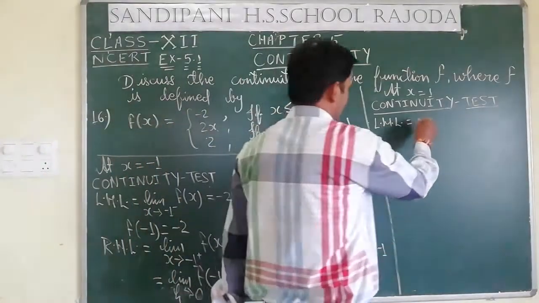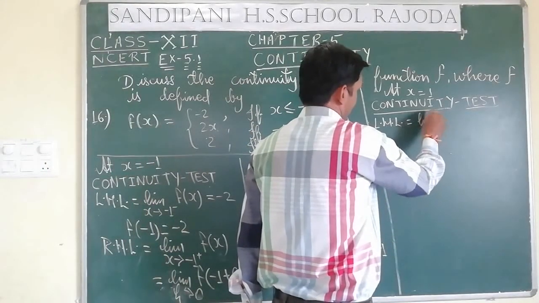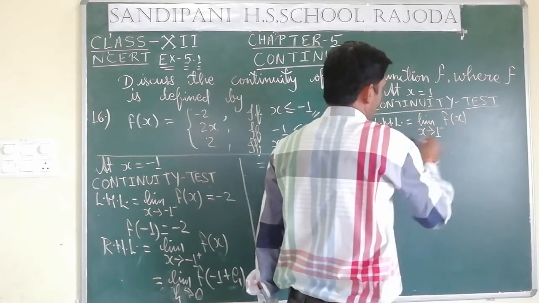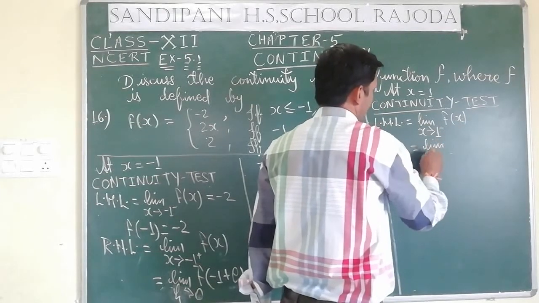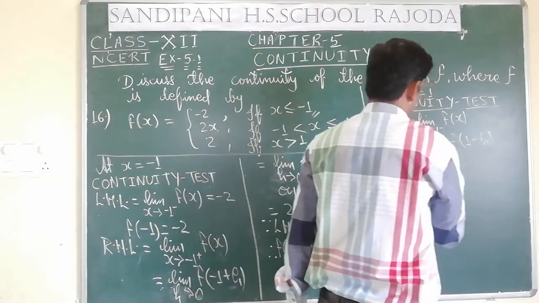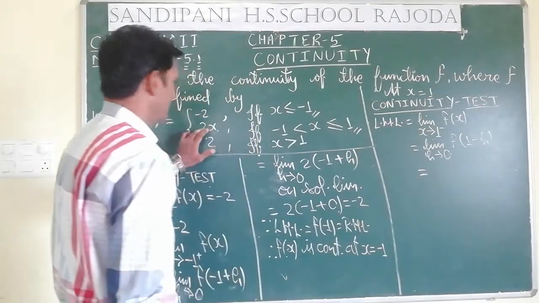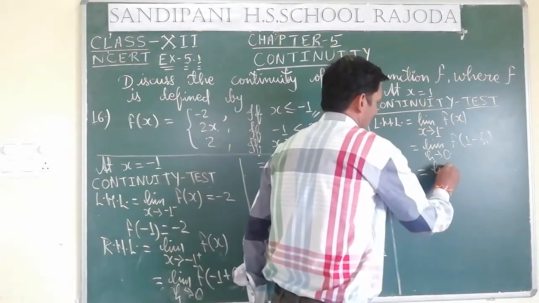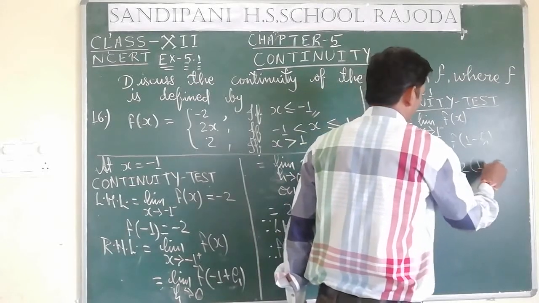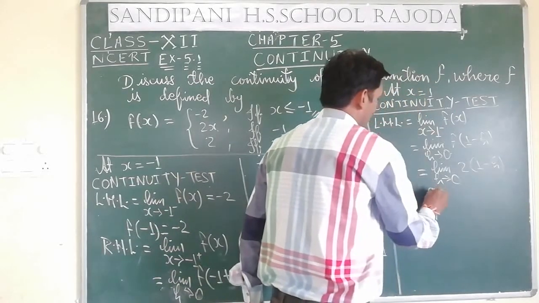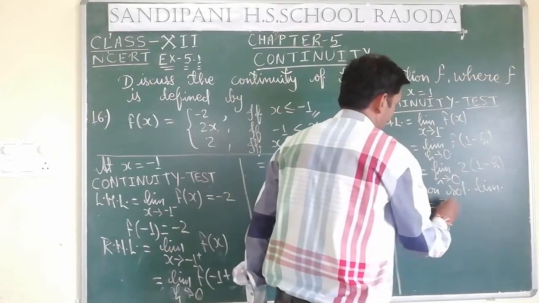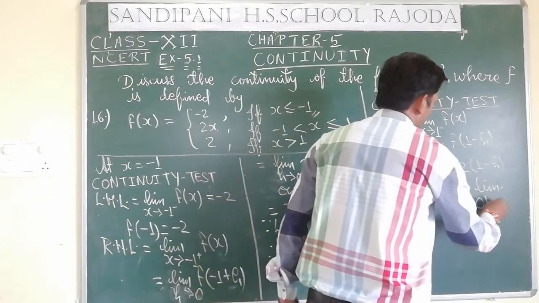So for LHL, limit x tends to 1 minus f of x is equal to limit h tends to 0 f of 1 minus h, that is equal to limit h tends to 0, 2 into 1 minus h. On solving the limit, it is equal to 2 into 1 minus 0, that is equal to 2.